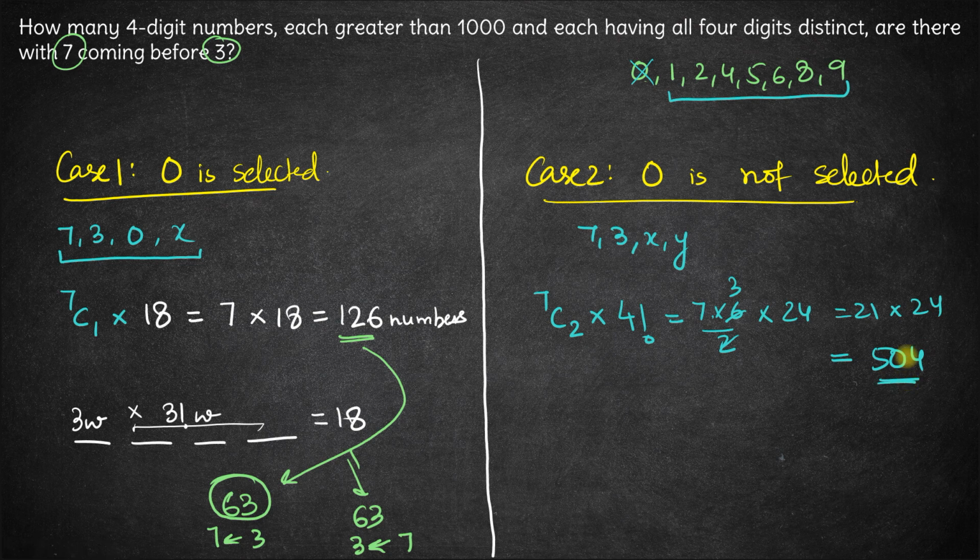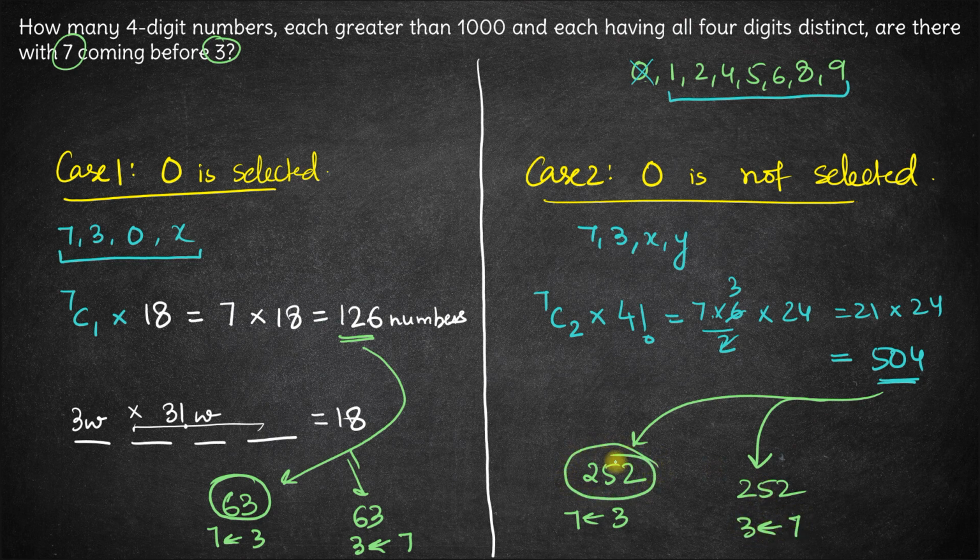Now out of these 504 numbers, there will be some numbers which will have 7 before 3 and some which will have 3 before 7. Both types of numbers will be equal because there is no bias. Why should 7 come before 3 more times than the other way around? So we'll have equal numbers: half of 504, 252 numbers, will have 7 before 3, and the other 252 numbers will have 3 before 7.